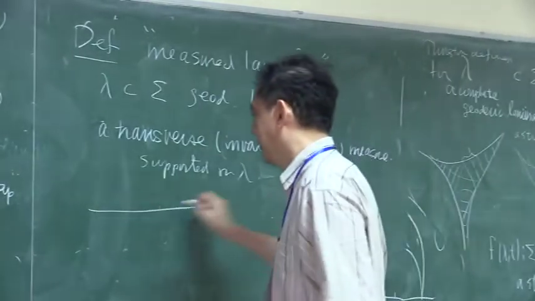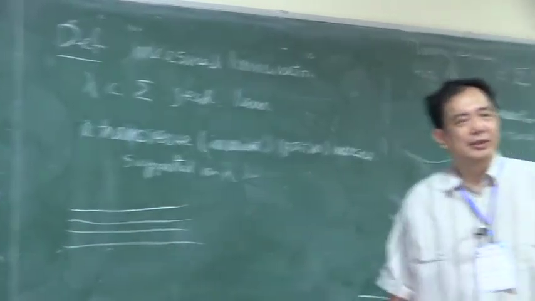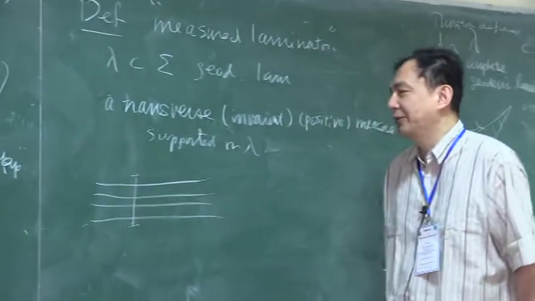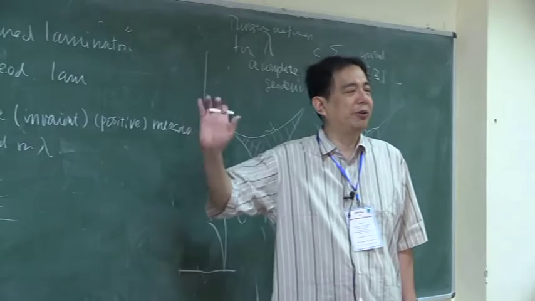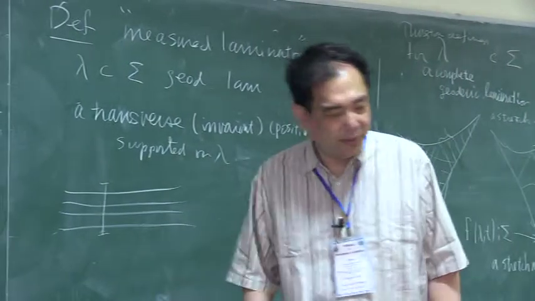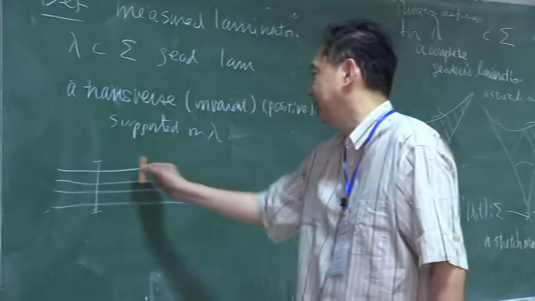That means, if you have lambda locally like that, then for each arc transverse to it, you get some positive number. And it is invariant with respect to the parallel translation along the leaf.